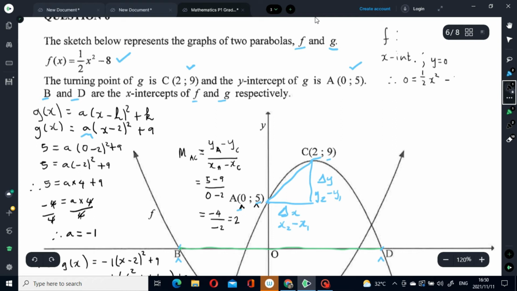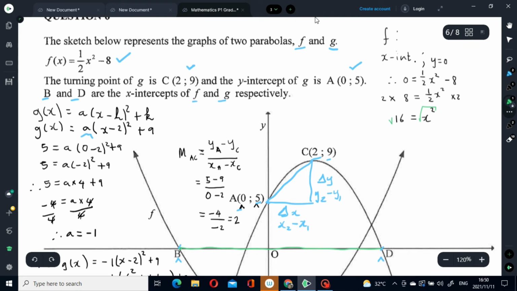So half x squared minus 8, take 8 to the other side, becomes positive. Half x squared equals 8, multiply left and right by positive 2 to eliminate the fraction. So 8 times 2 is 16, x squared equals 16. To get rid of the square, take the square root on both sides.